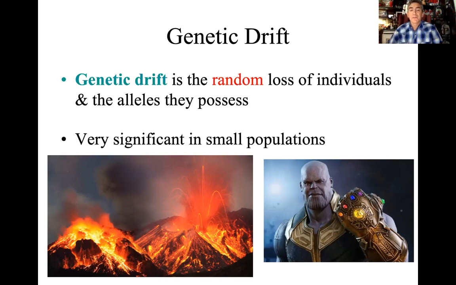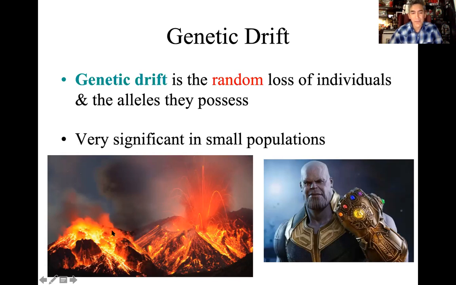So was it the weak ones, the wimpy ones, the genetically flawed ones? Well, some of those, but there were also the really strong ones, some of the superheroes that were also killed. Right? So that's what genetic drift would do. It doesn't select the weak or the strong. It's just a random loss. We typically associate this randomness with a natural disaster.